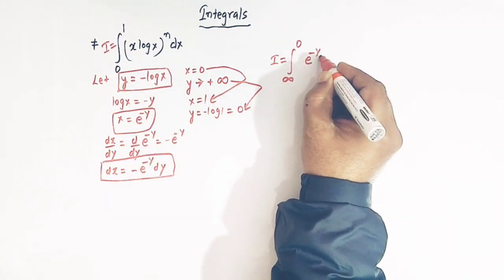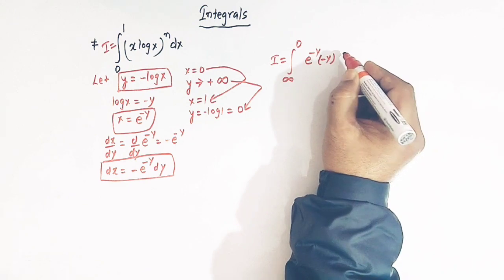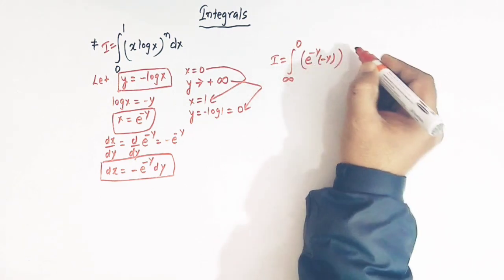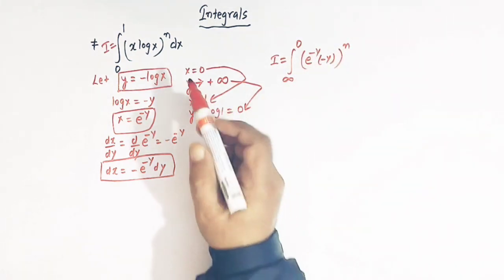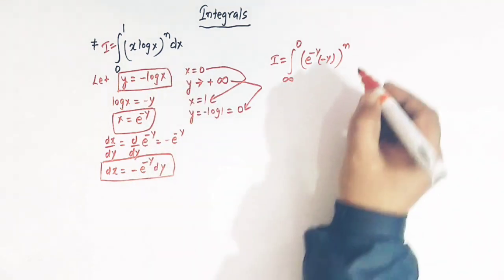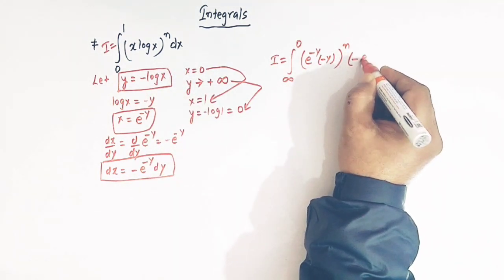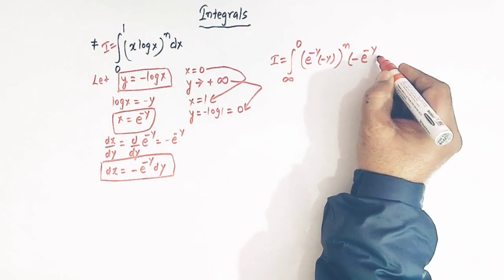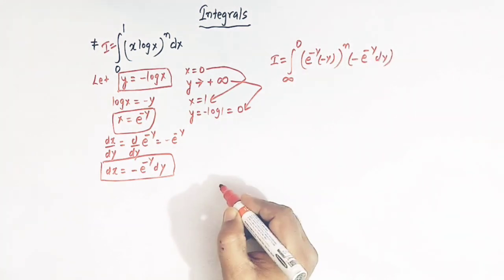So here we can write minus y to the power n, and dx is equal to minus e raised to minus y dy.